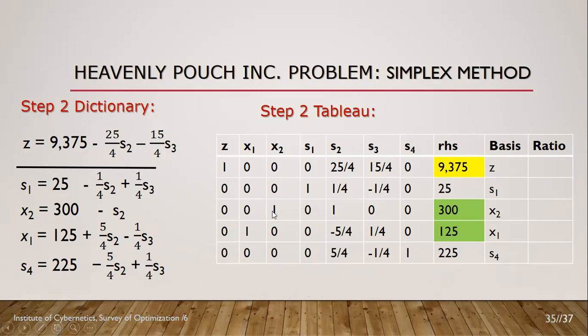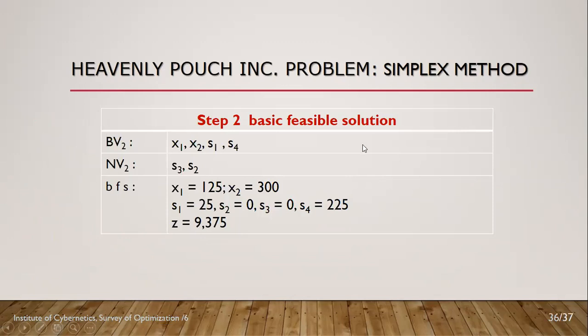So meaning that the basic feasible solution is optimal, with the number of product 1 units being 125, product 2 units being 300, and the maximum achievable profit for the objective being $9,375.